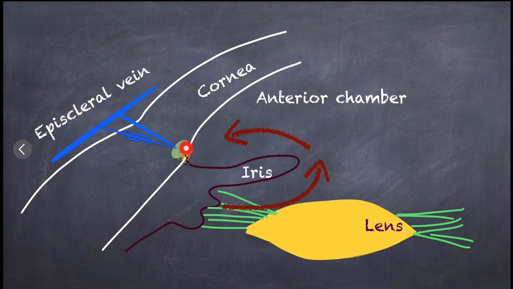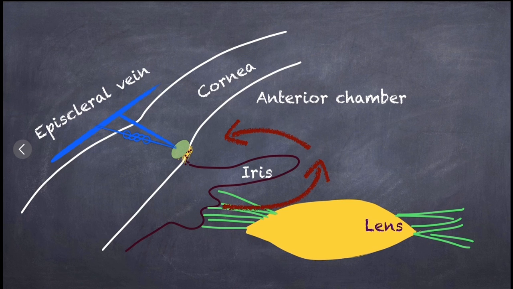Actually, there operates a biomechanical pump here at the trabecular meshwork junction, which aids in the unidirectional flow of the aqueous from anterior chamber to the aqueous veins. This whole process is the trabecular pathway of aqueous outflow, which drains about 75 to 85% of the aqueous.